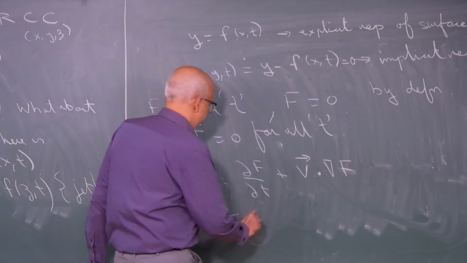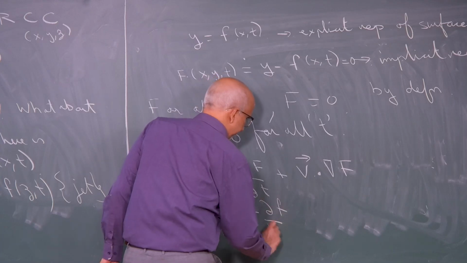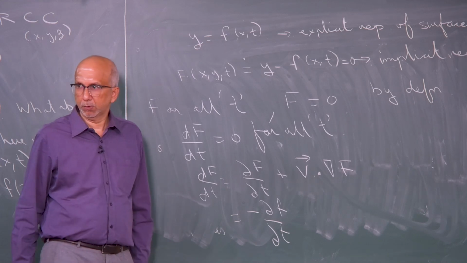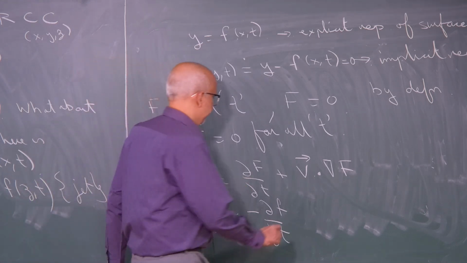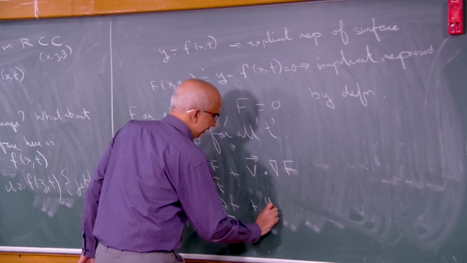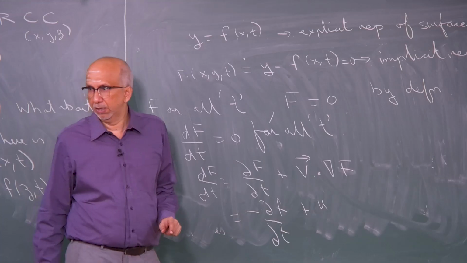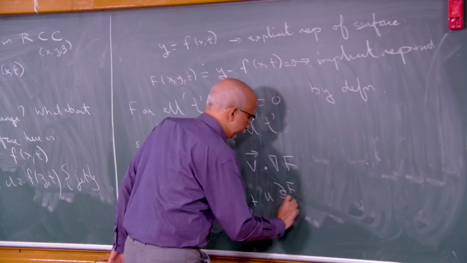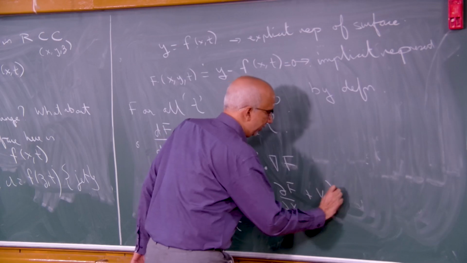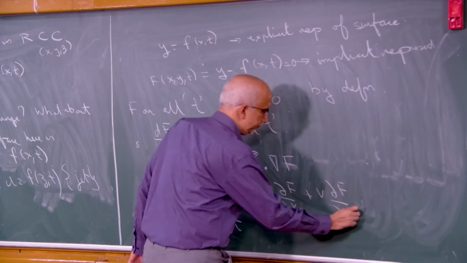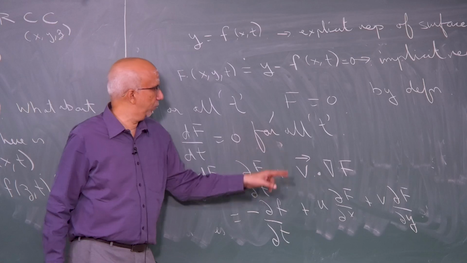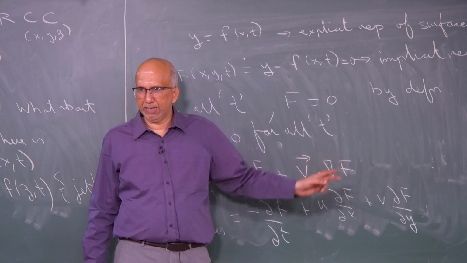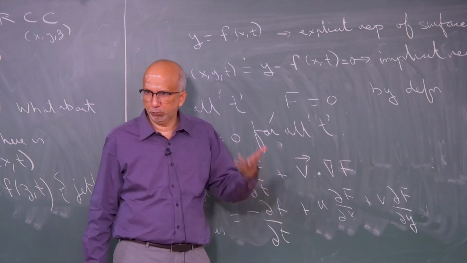So this is minus df by dt, plus the velocity vector, I can write it as u, the x component of velocity, gradient of F will be u dF by dx plus v dF by dy. All I am doing is expanding gradient of F like dF by dx and then doing a dot product. By now you guys are experts.